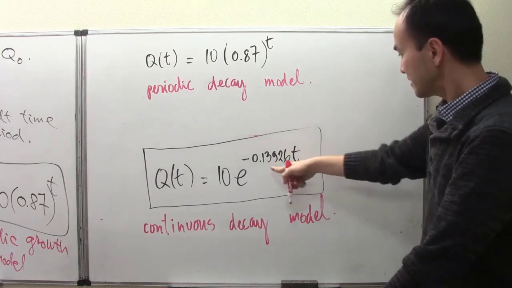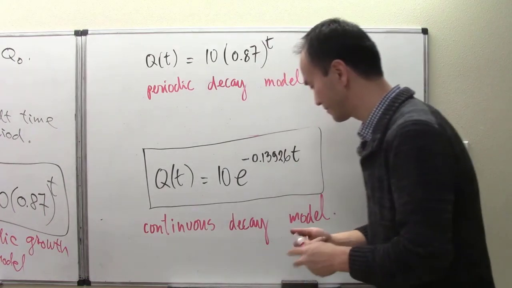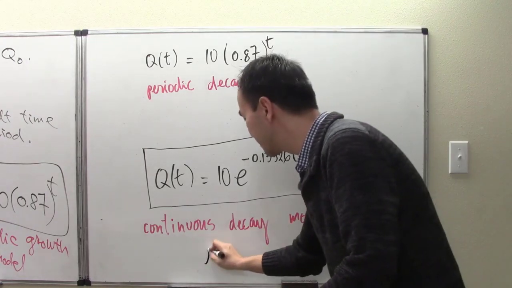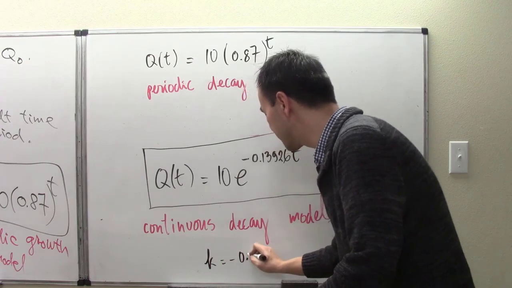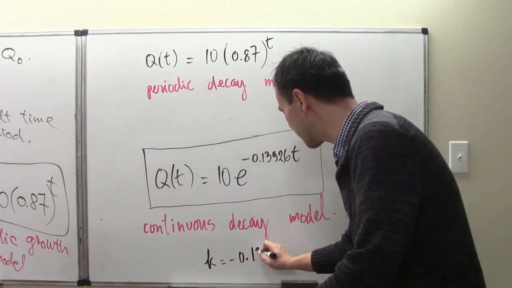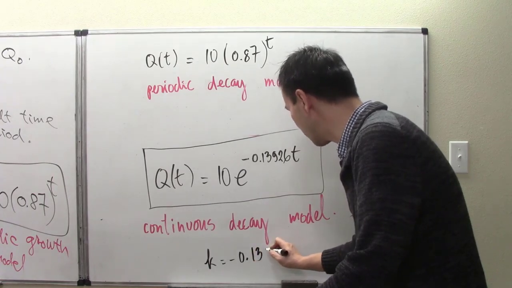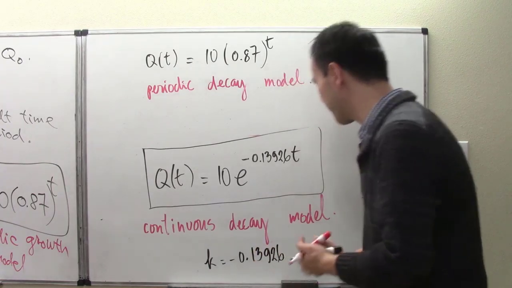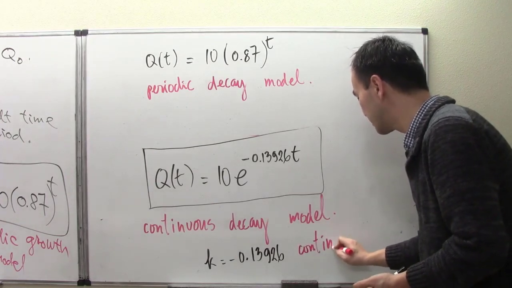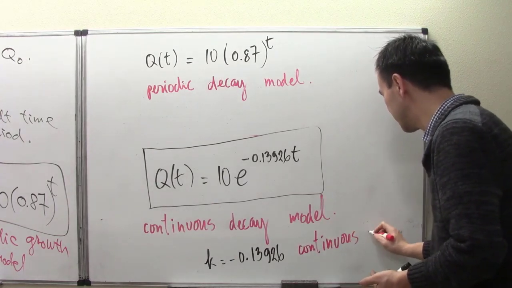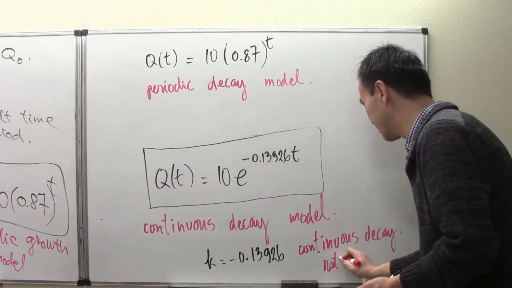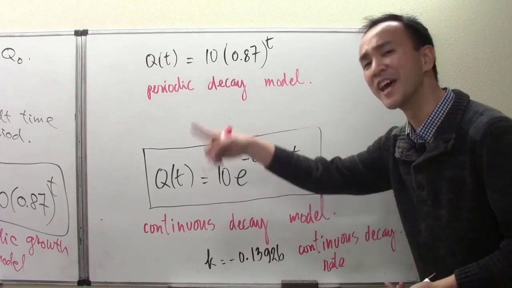And then yes, the rates. So this k we found being negative. See, it's a decay rate right here. So no longer a growth rate, but a decay rate, negative 0.13926. So we call this the continuous decay rate, or it's growth, but it's growing in a negative way.